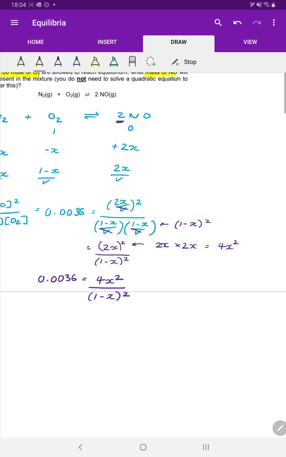And change colour pen again. I like doing it in a rainbow. Next thing I can do is I can square root both sides. Okay. So square root 0.0036 gives me 0.06.